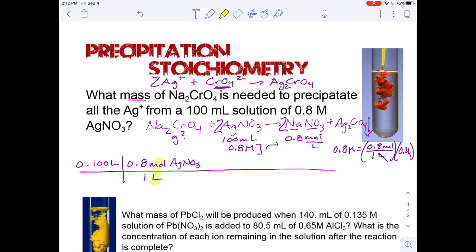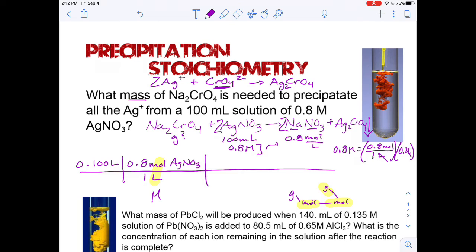Mindful that that right there is my molarity. Now I'm in moles. So how do I get from moles to grams? Well, grams, moles, grams. I'm already in moles, so now I need to get to the other mole and then to the grams.